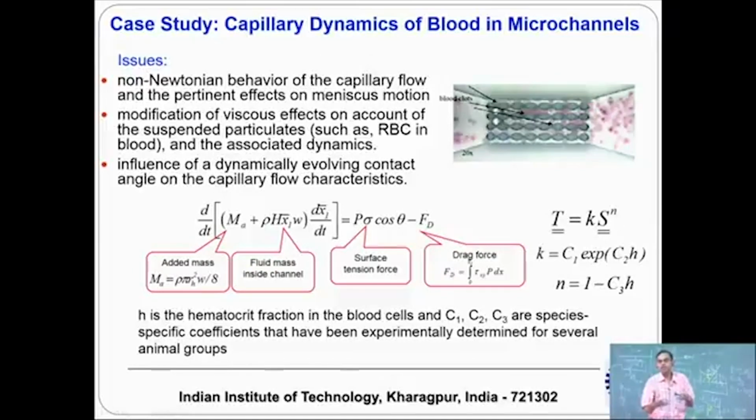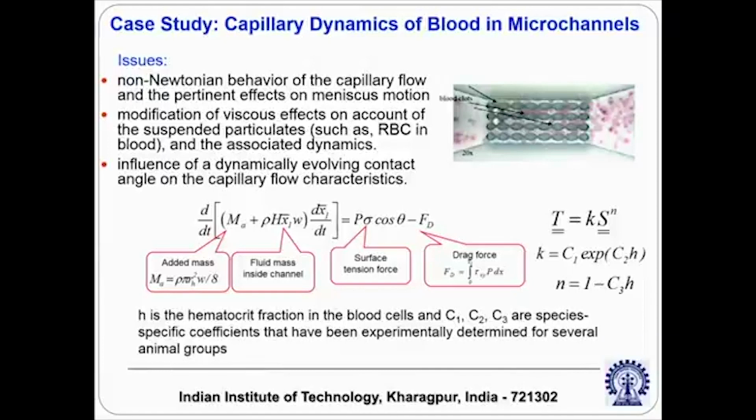There are other models like the Casson model, there are different types of models. If you have this power law model, this k and n are not constants, but functions of certain parameters, and those parameters are considered within C1, C2, C3. These are constants, but for certain individuals these are different constants. On top of that you have a very important parameter in hematology, which is called hematocrit.